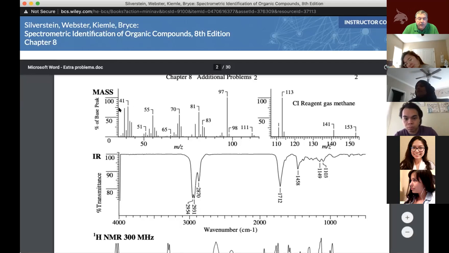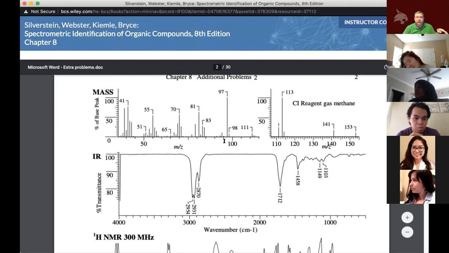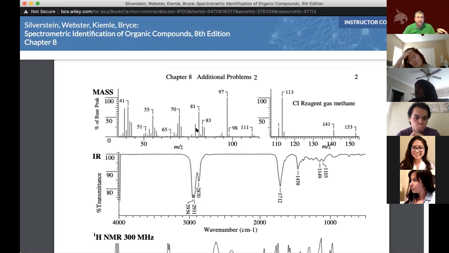We have a fragmentation, 41, 55, 70, 81, 97. So we probably don't have an aromatic ring just based on the fragmentation pattern here. It might be some kind of straight chain because these seem to be clipping off fairly regularly.